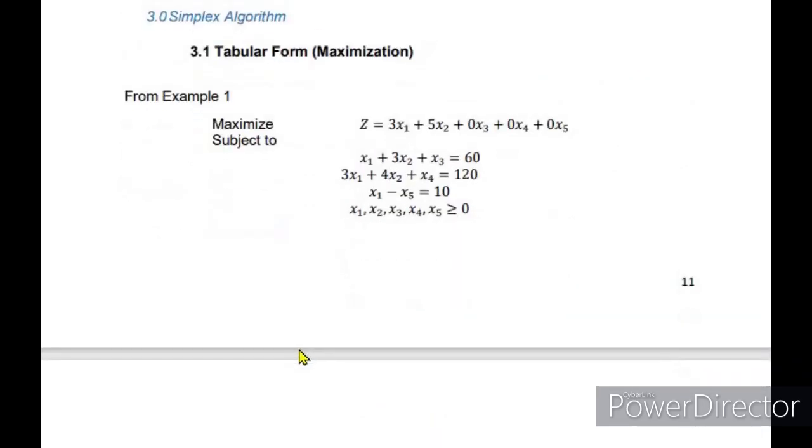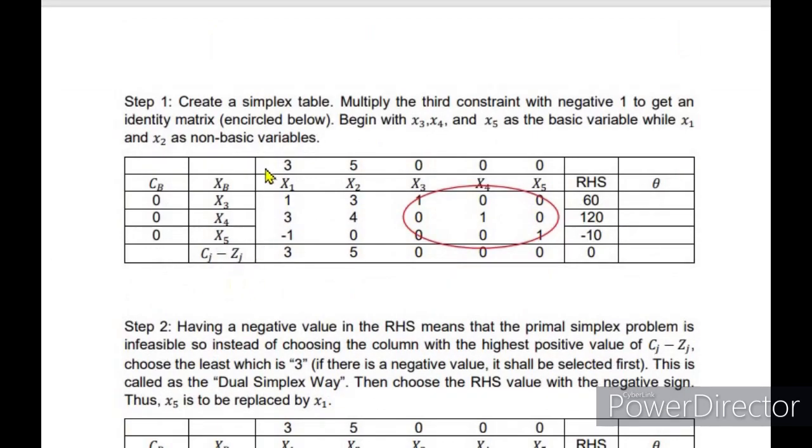Next, 3.0, the simplex algorithm. So from the example number 1 problem, just copy paste the LP model here. For step 1, create a simplex table. Multiply the third constraint with negative 1 to get an identity matrix. Okay? That is encircled here.